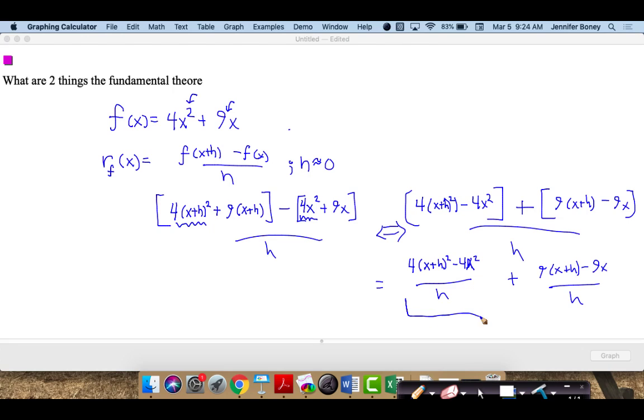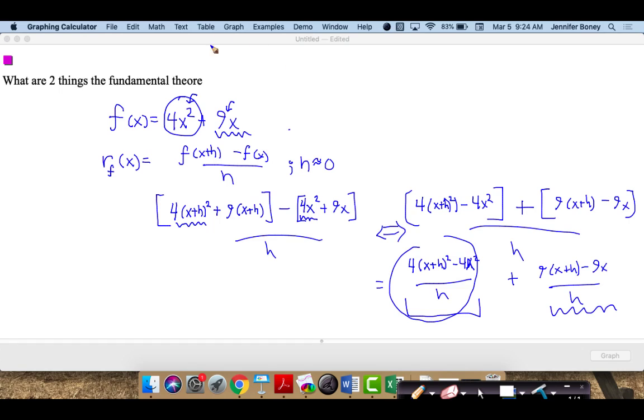But this part right here, if this part had a name, this would be how I'd find its rate of change. And if this part had a name, like maybe this is j and this is k, well, this part would be how I'd find its rate of change.